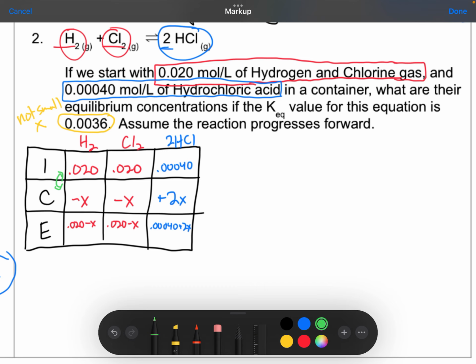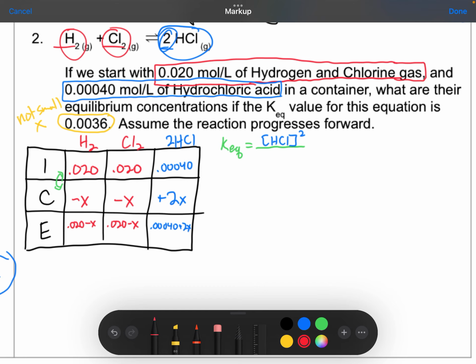I know that my KEQ value is still, as always, equal to products over reactants. So my product is my concentration of HCl raised to the power of 2 because of this coefficient.